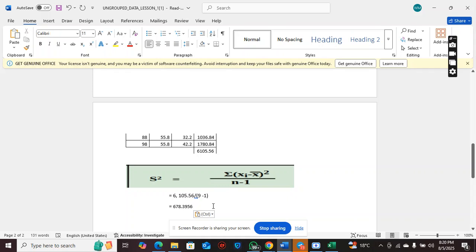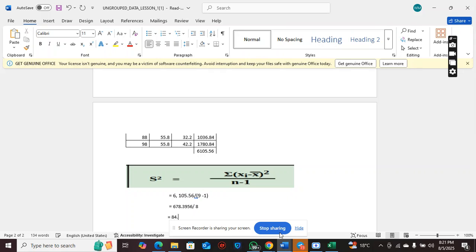Divided by 8, since 9 minus 1 is 8. So 678.3956 divided by 8, we get 84.79. Now, colleagues, this is just our variance.